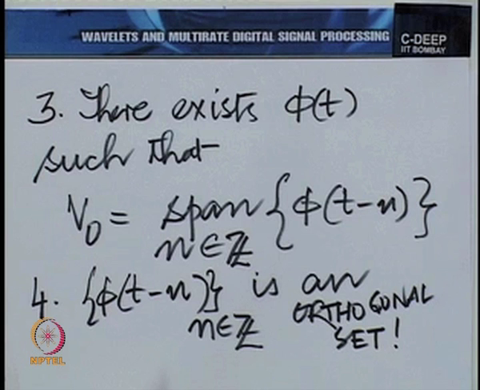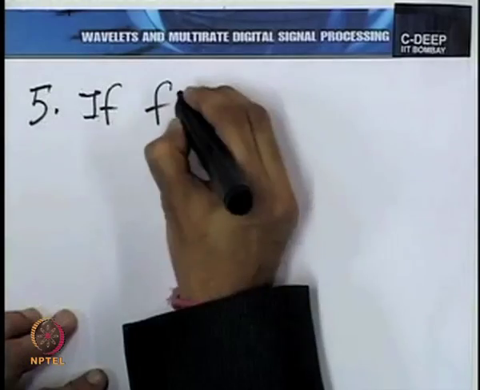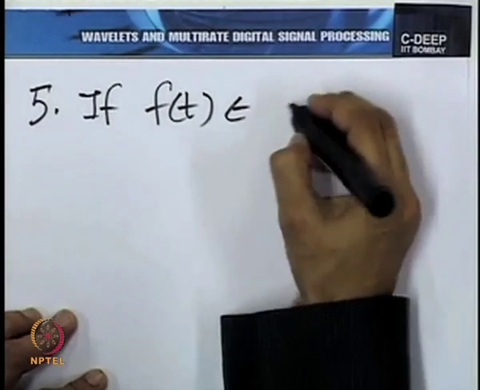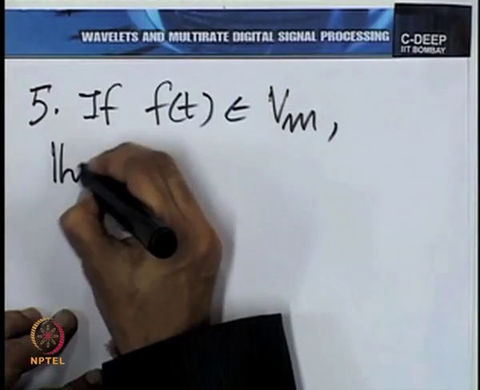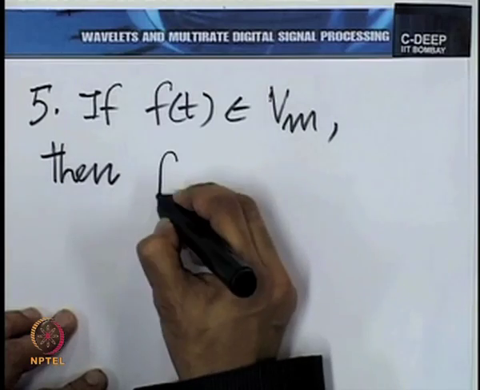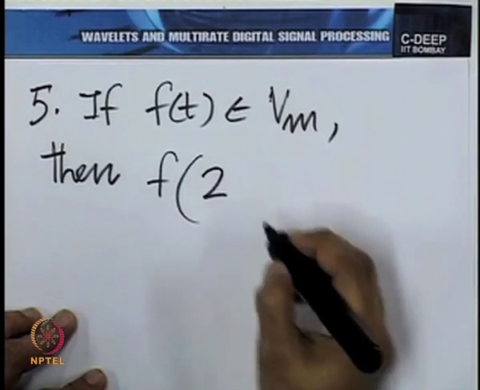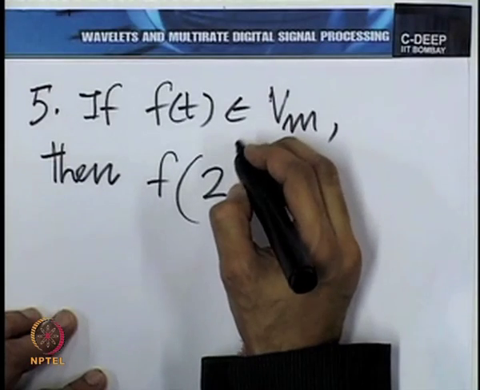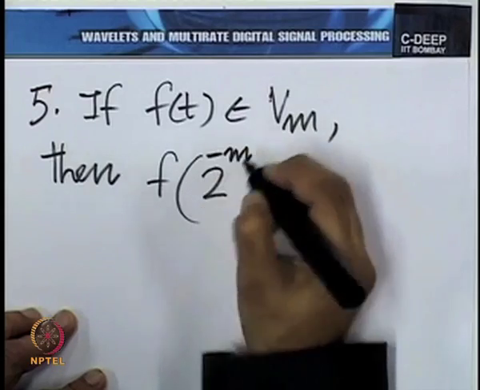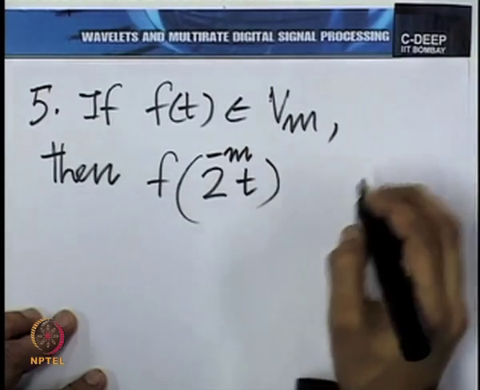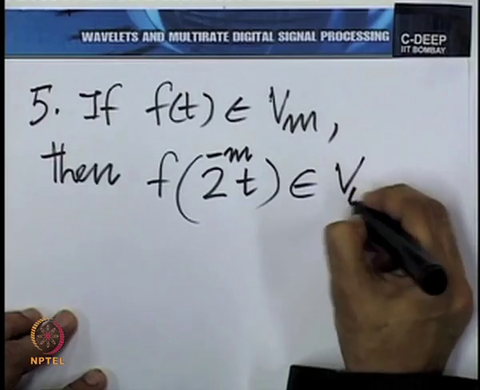Next, if f(t) belongs to Vm, then f(2 raised to the power of m t), or f(2 raised to the power minus m t), belongs to V0.